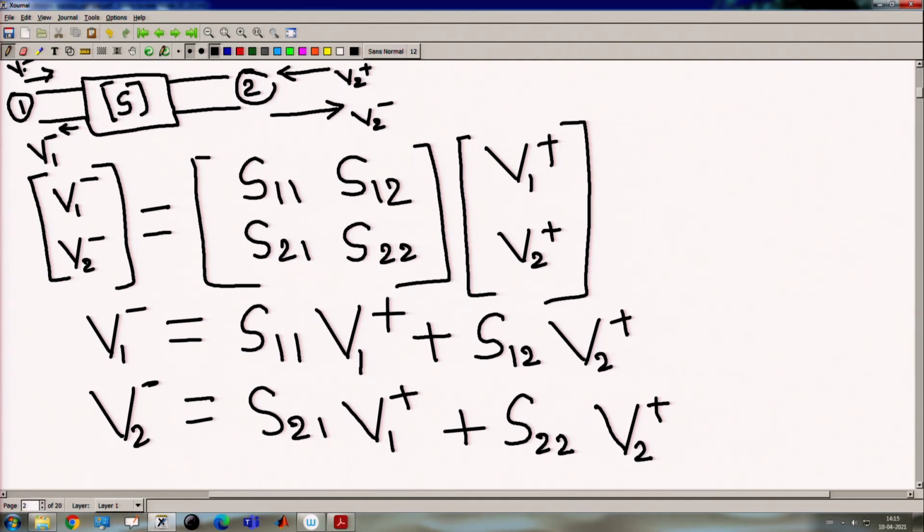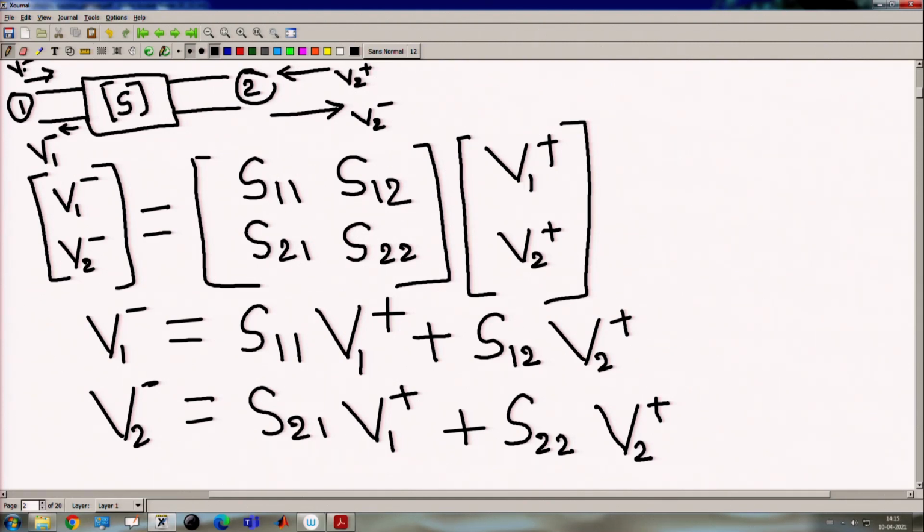V1 minus is the reflected wave from port 1 and V2 minus is the reflected wave from port 2. V1 plus is the incoming wave at port 1 and V2 plus is the incoming wave at port 2.